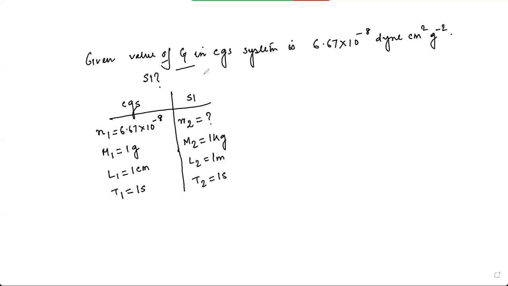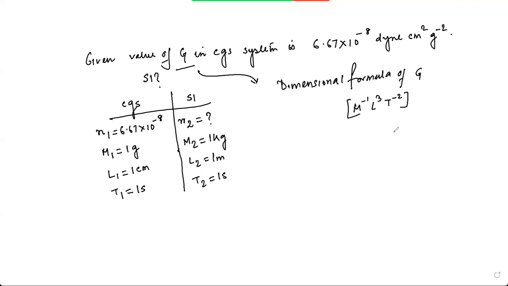Now, the dimensional formula of G is M to the power -1 L cube T to the power -2.